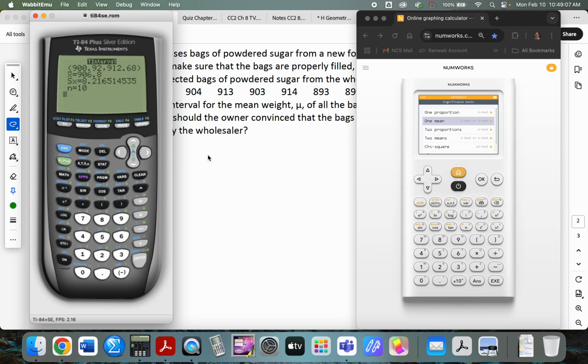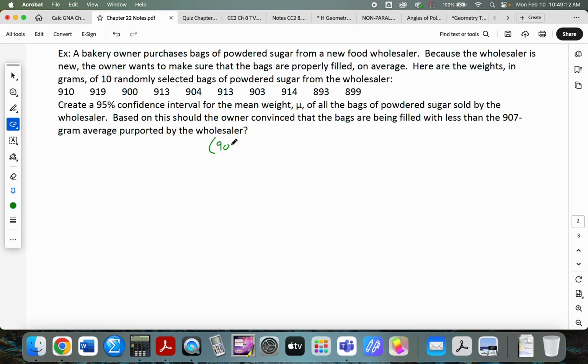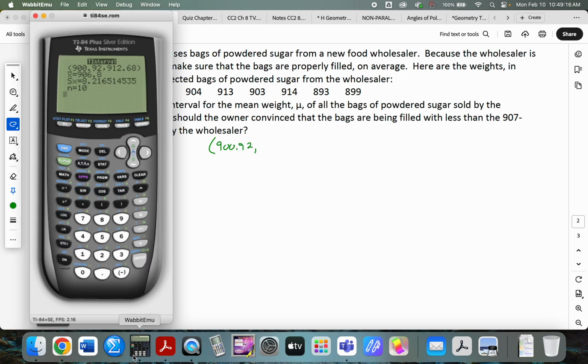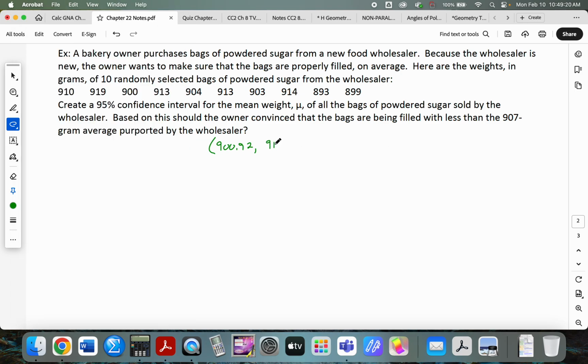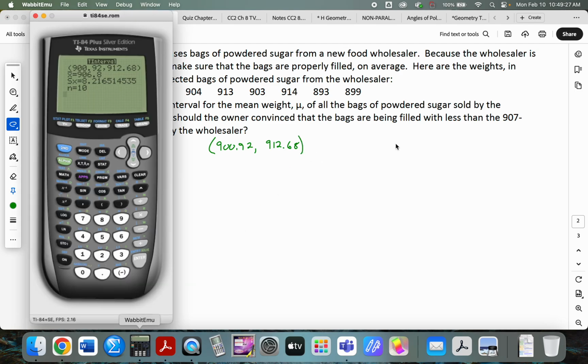And it's 900.92 to 912.68. We'll always write down the other things that they give us.